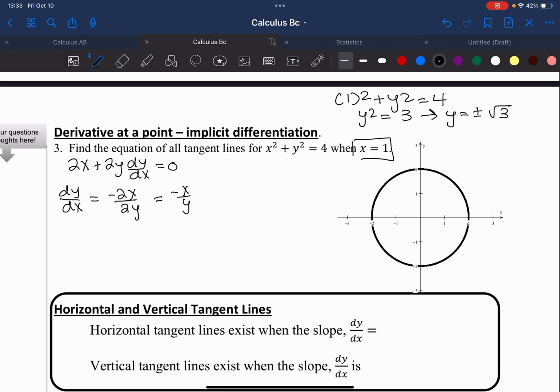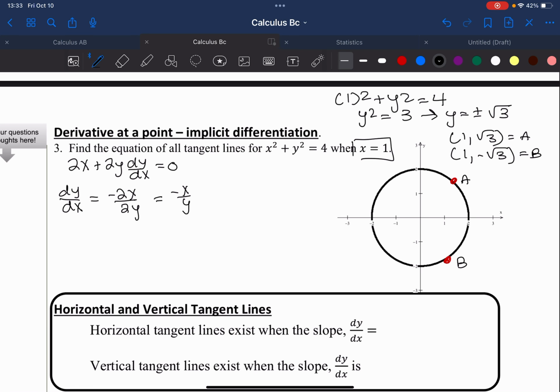So that means I have the points (1, square root of 3) and (1, negative square root of 3). I'm going to go ahead and plot those here. For simplicity, label this one A, label this one B.